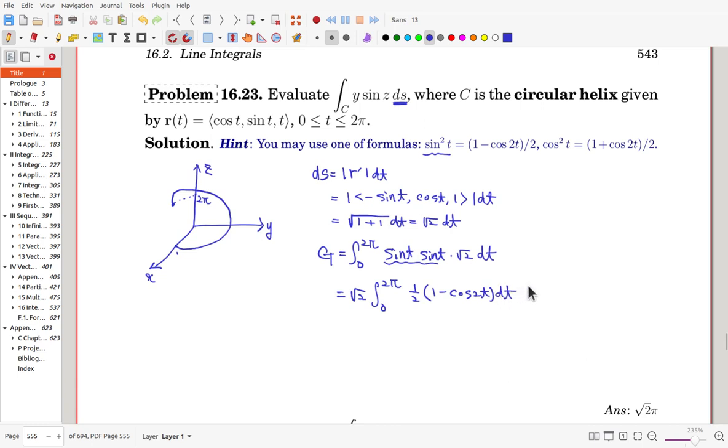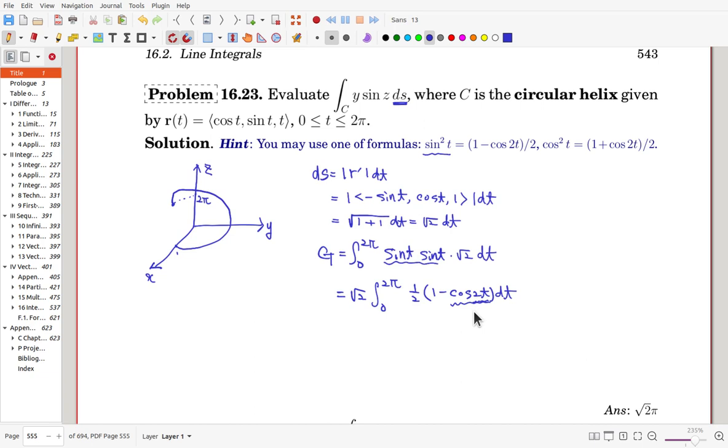Right? T is moving from 0 to 2 pi, then 2t is moving from 0 to 4 pi. That means that this part makes 2 full cycles in the cosine graph. Once you make a full cycle, then it is half positive and half negative.